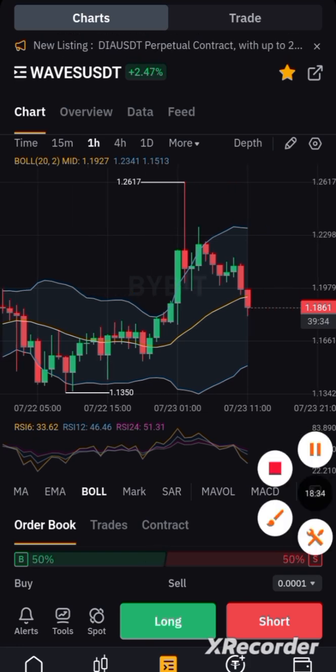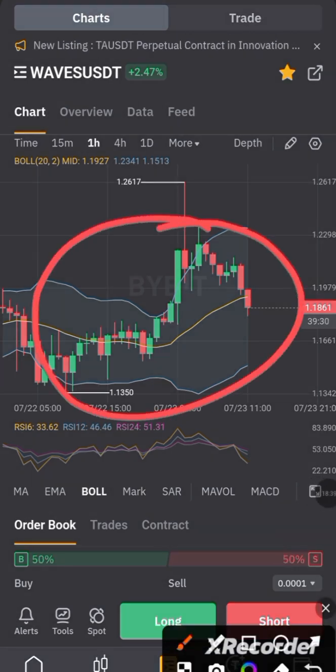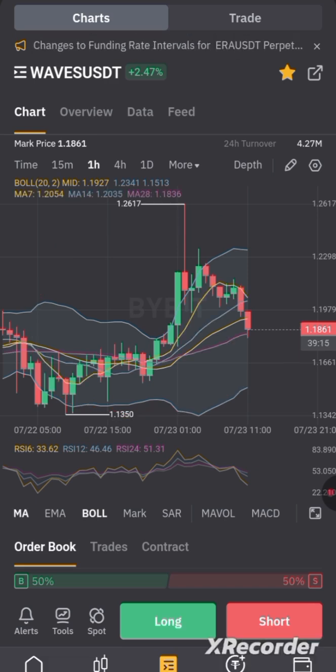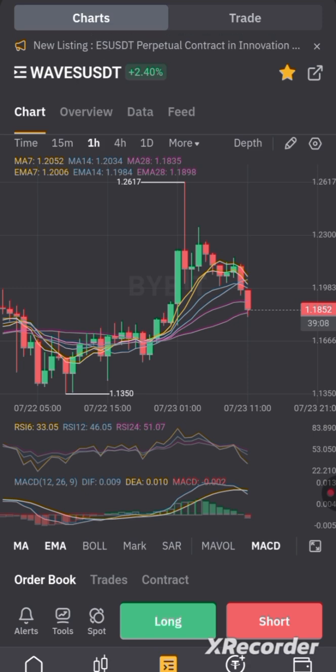So this one is going to tell you where the market is coming from before and where the market is presently. So you can add it, but for me, if I should be honest, I only have MACD, EMA, and moving average. I don't add Bollinger to my chart.